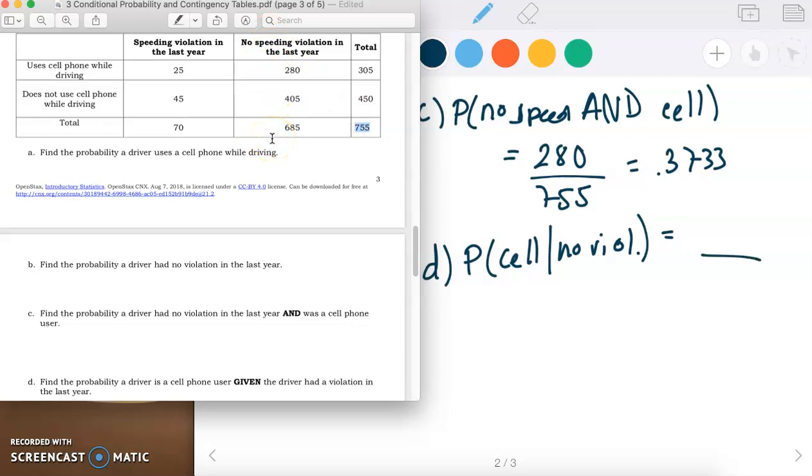So our bottom number is going to be 685. And then we're looking for those that are a cell phone user. So that's going to be that 280. We get 280 divided by 685, and that gives us 0.4086 when we round it. So that probability is about 0.4086, which makes sense because it's a little less than half, right?